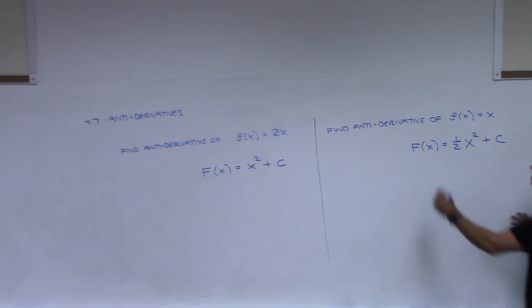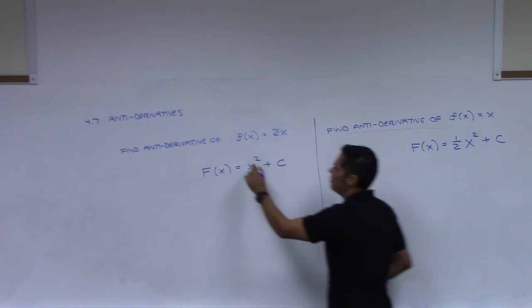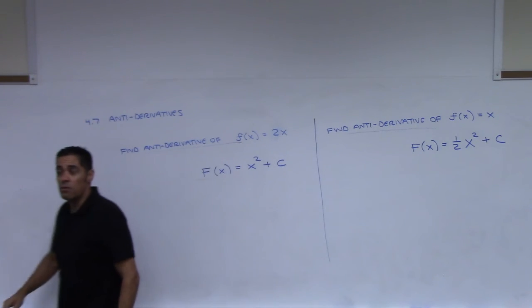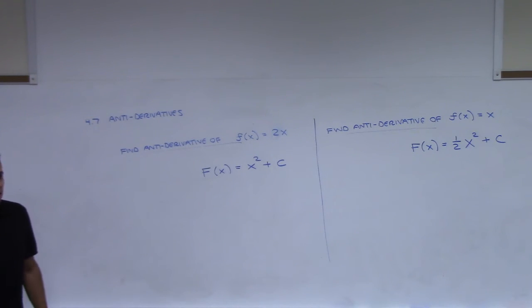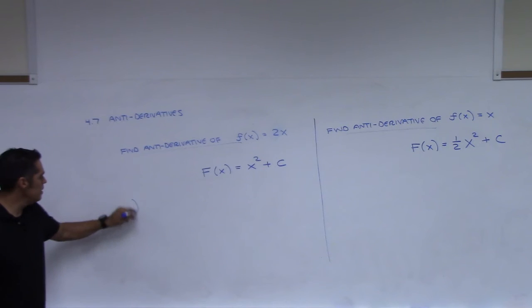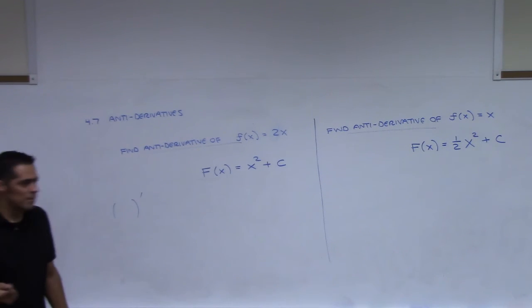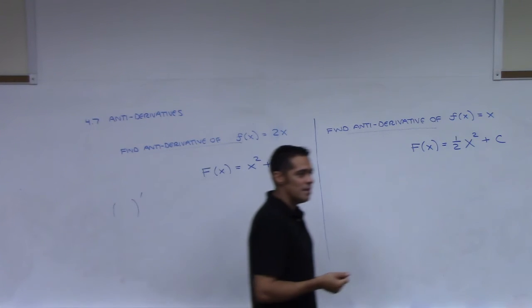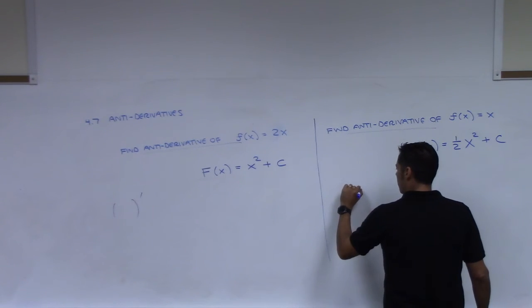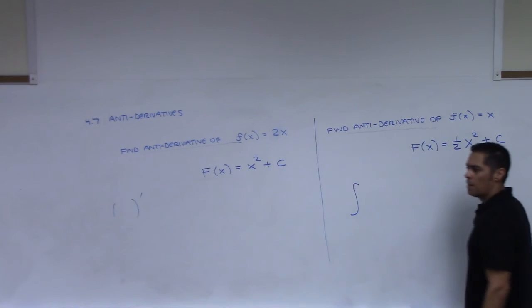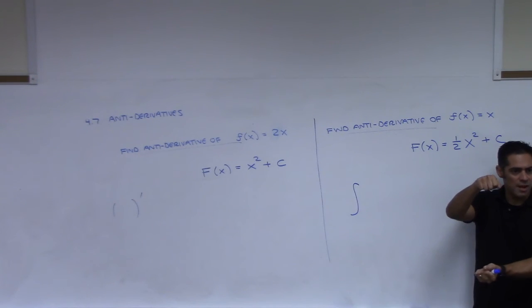Now, it gets very tedious to have to write down, find the antiderivative over and over and over. So instead we have notation that lets you know to find the antiderivative. Just like we use that little prime to mean take the derivative, that was quick notation. The quick notation that we have for taking antiderivatives is this symbol right here. It's like an S that's been stretched out.